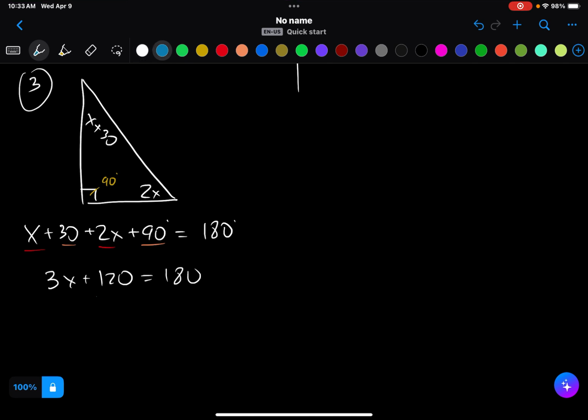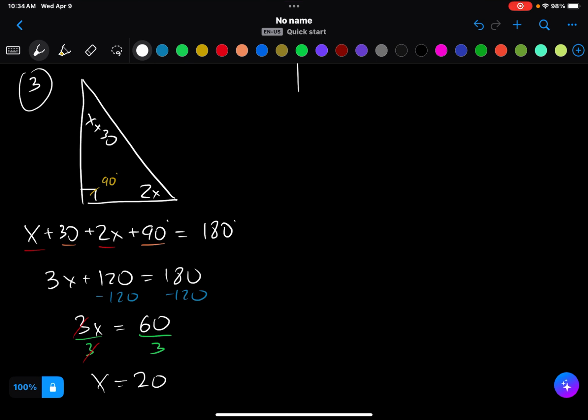And now just solve for x by subtracting 120 from both sides. 3x is going to equal 60 degrees. And then for the last step, divide both sides by 3 to get rid of that multiplied by 3 on the left side. So this is gone here, and x ends up being 20.